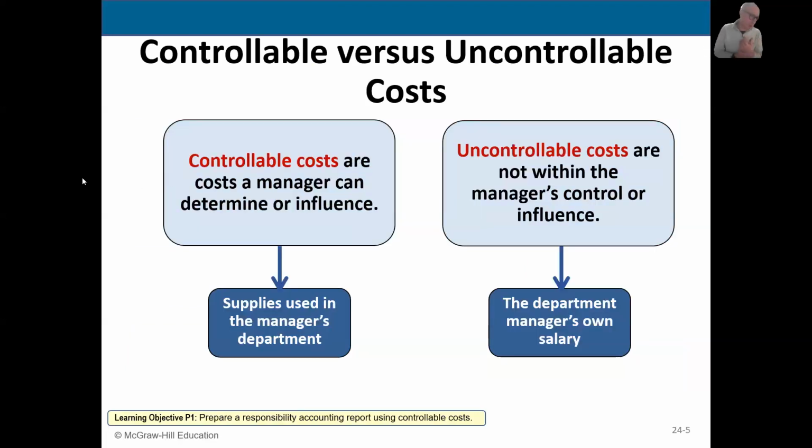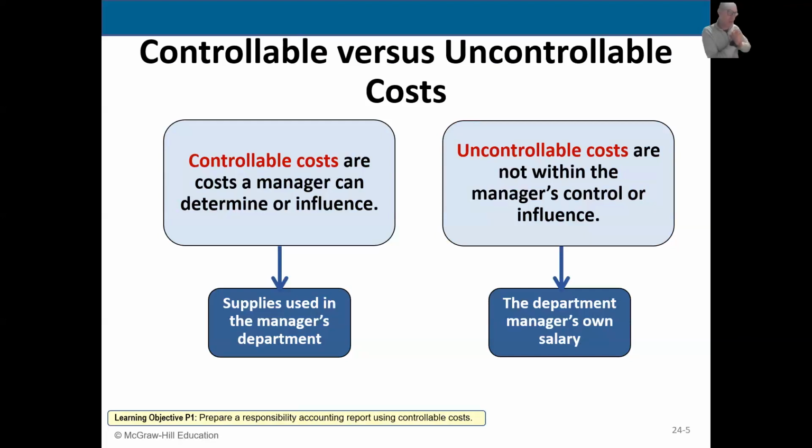Okay. So I mentioned that as a manager, I need to be able to control my controllable costs. There are two types of costs that a department manager faces: controllable costs and uncontrollable costs. Controllable costs are the costs that the department manager can control, just as the name implies.